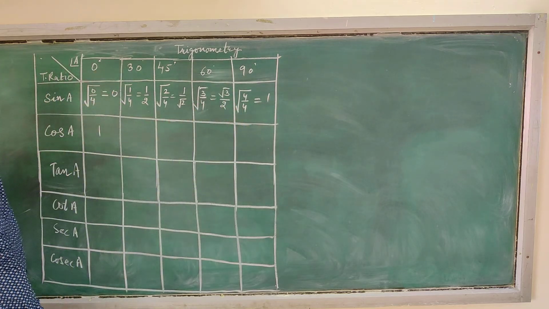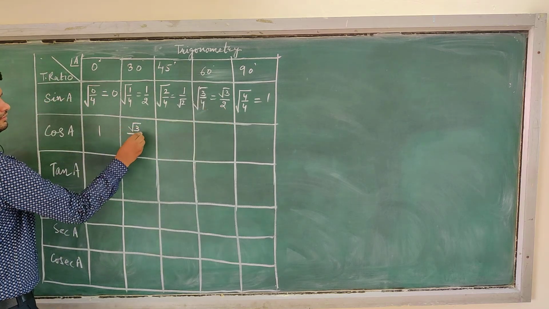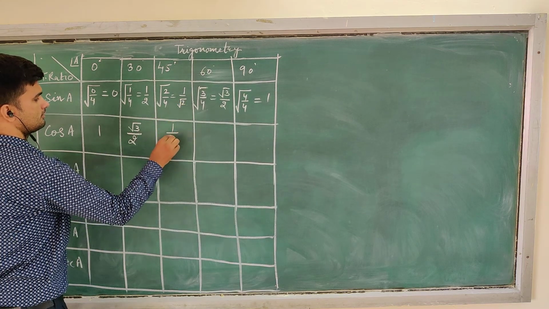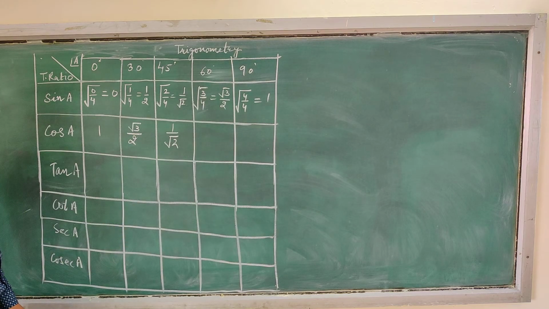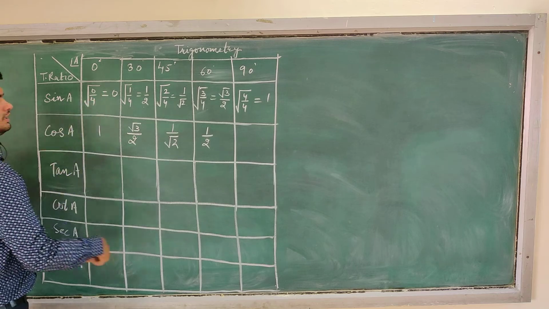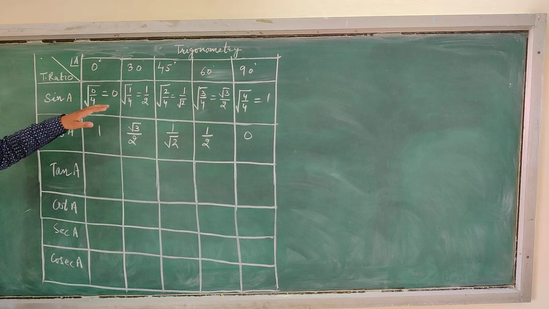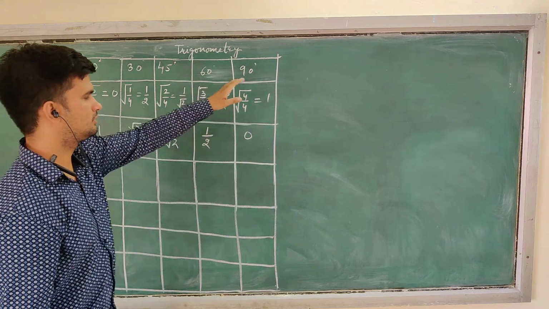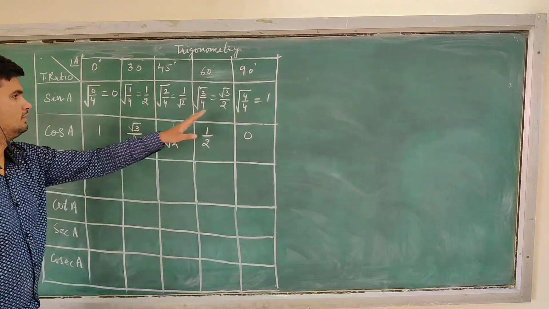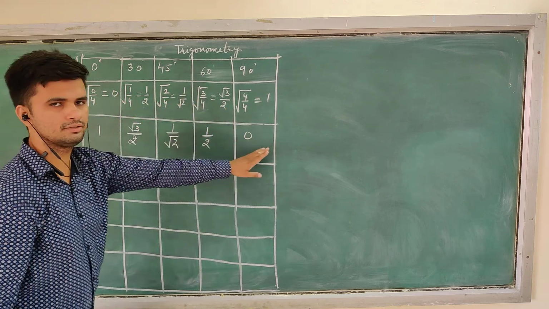Cos A is, cos 0 is 1, then cos 30 is root 3 by 2, cos 45 is 1 by root 2, then cos 60 is 1 by 2, and cos 90 is 0. Right? Sin A is 0, 1 by 2, 1 by root 2, root 3 by 2, 1, and cos A is 1, root 3 by 2, 1 by root 2, 1 by 2, and it is 0.